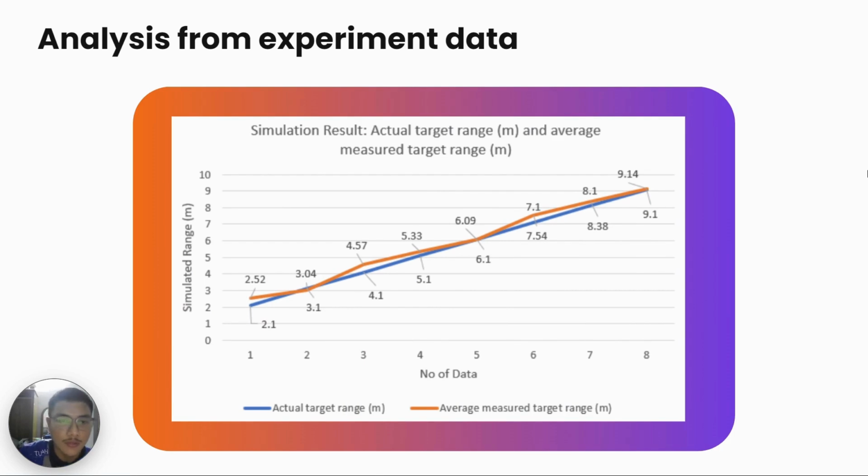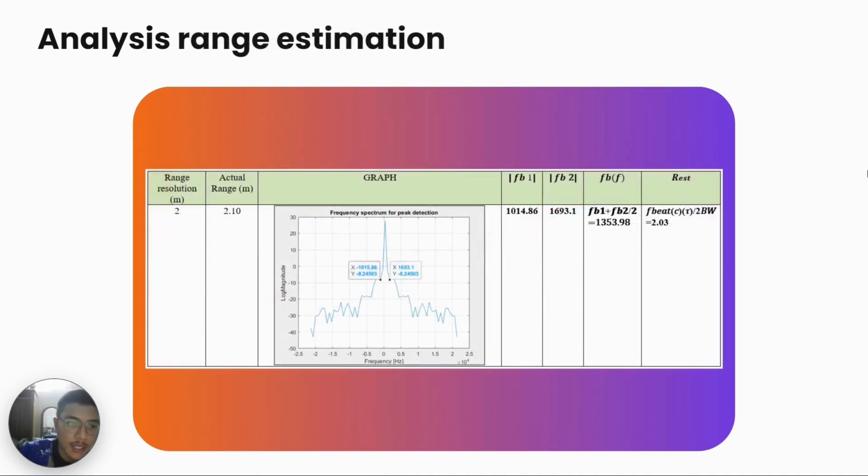So this is the actual graph of the peak detection process, where the actual range is 2.10. For the peak detection graph, the right one is the beat frequency in hertz for the first one, and the left side is the beat frequency for the second one.